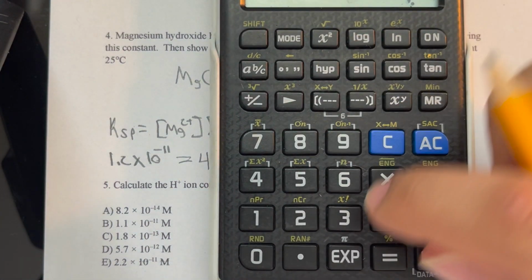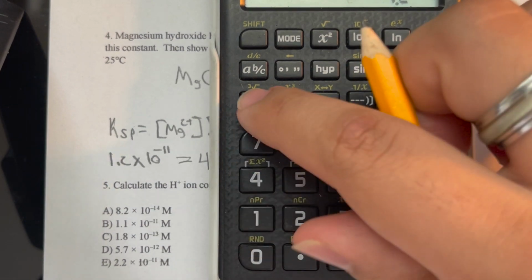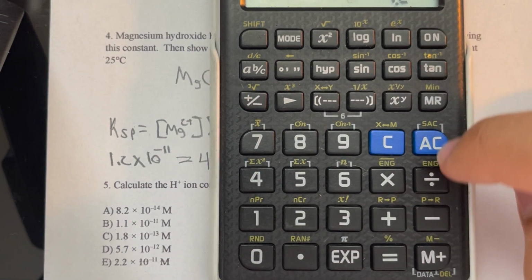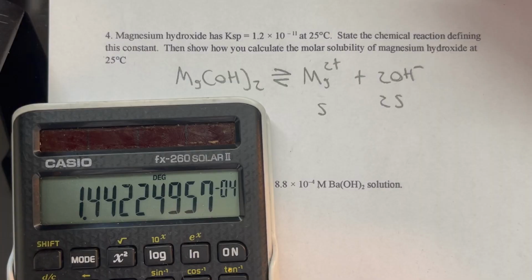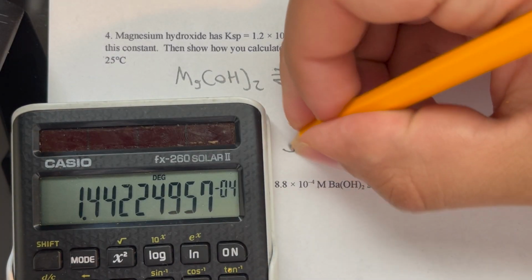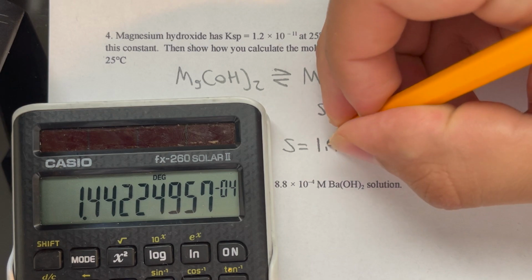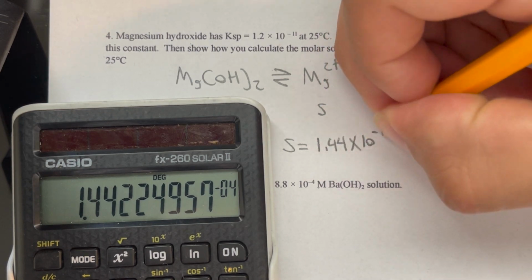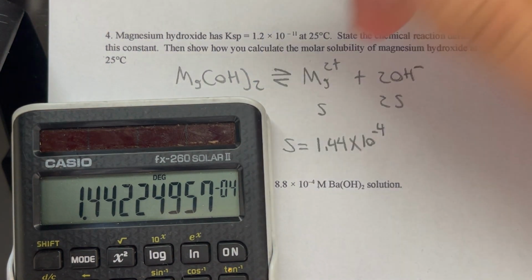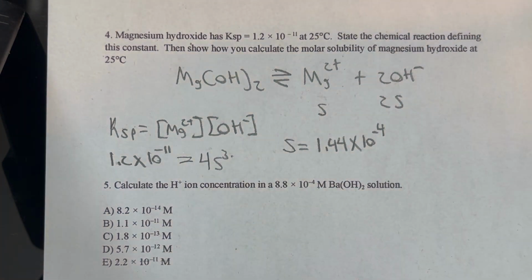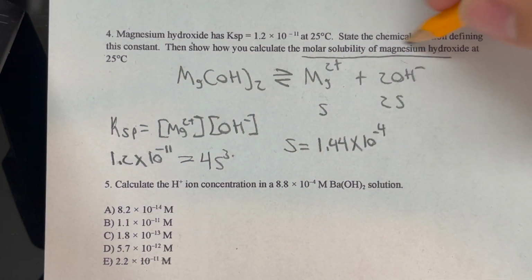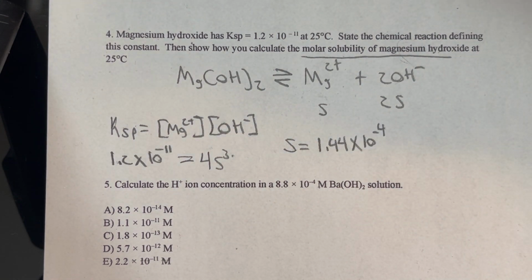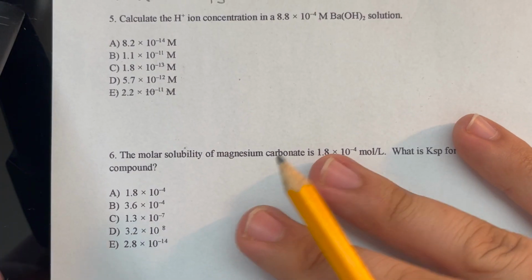We do 1.2 times 10 to the negative 11 divided by 4, and then we take the cubed root of that. So S will be 1.44 times 10 to the negative 4. Right? Because all we have to do is solve for S. Molar solubility of this entire compound is S.